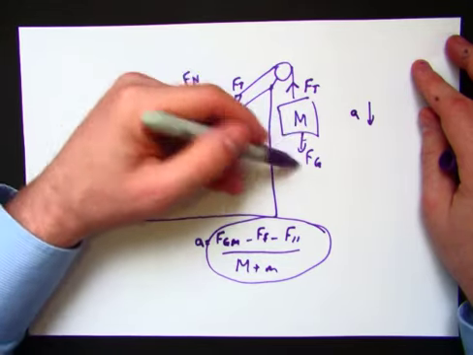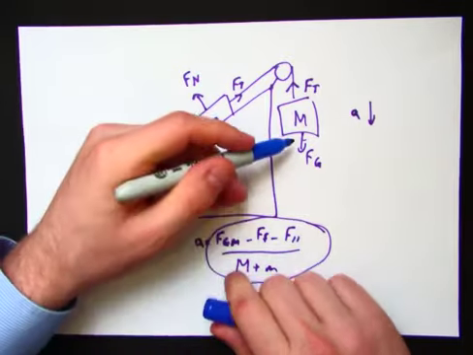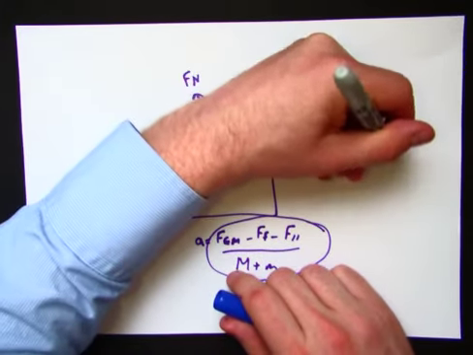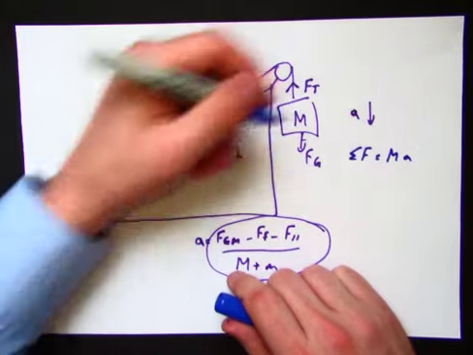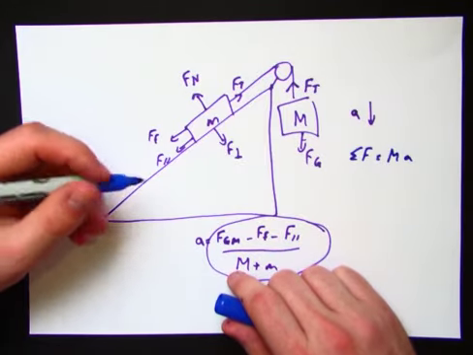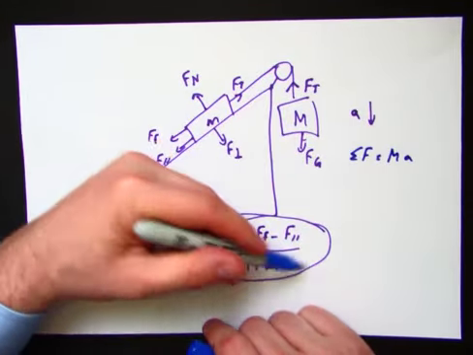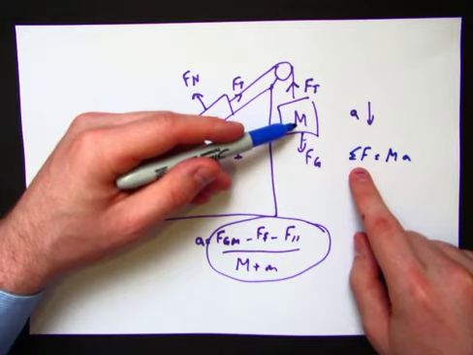Before I did the system, now I'm doing the object. And the net force on this object right here will be equal to big M times A. In which case, A is what we figured out down here. So it's complicated, but you could figure out the acceleration, then figure out the total mass, and find out what the net force is. Why is that useful?